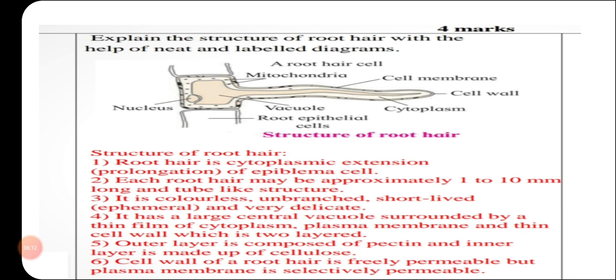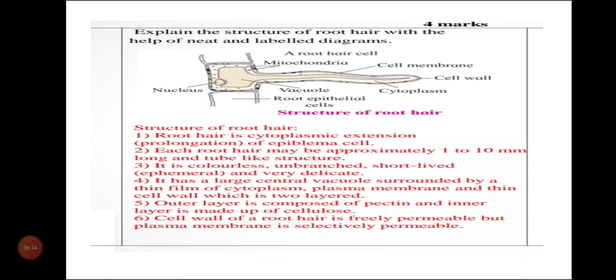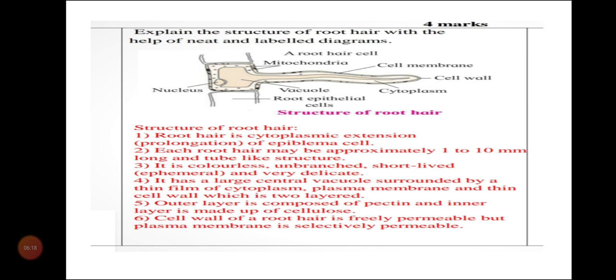Root hair is a cytoplasmic extension of epiblema cells. Each root hair may be approximately 1 to 10 micrometer long and is a tube-like structure. It is colorless, unbranched, short-lived. It has a large central vacuole surrounded by a thin film of cytoplasm, plasma membrane and a thin cell wall which is 2-layered.